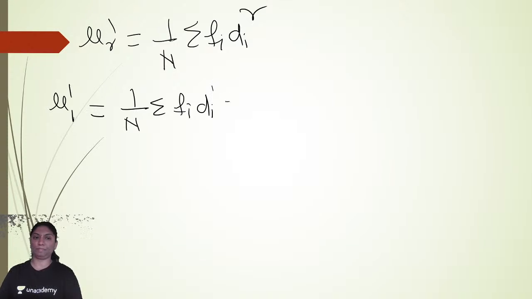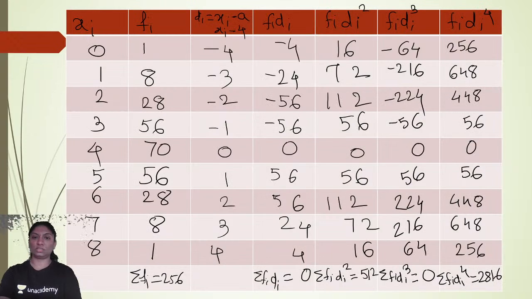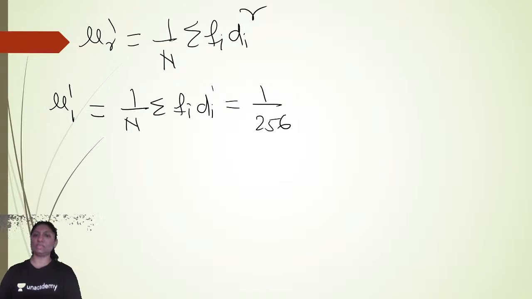It means 1 upon 256, since just now we have calculated summation of fi is 256. So 1 upon 256 into summation of fi di, which is 0. So you will get mu1 dash is 0.